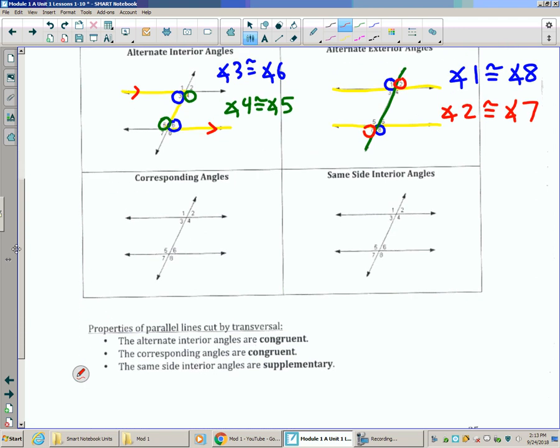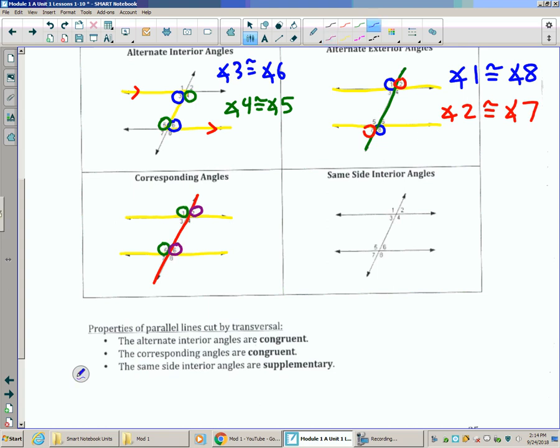Down at the bottom here, we have something called corresponding angles. And to me, the word corresponding kind of sounds like the word corner. These are angles in the same corner of the parallel lines with the transversal. So here, angle 1 and angle 5 would be considered corresponding. Same with 2 and 6 there.